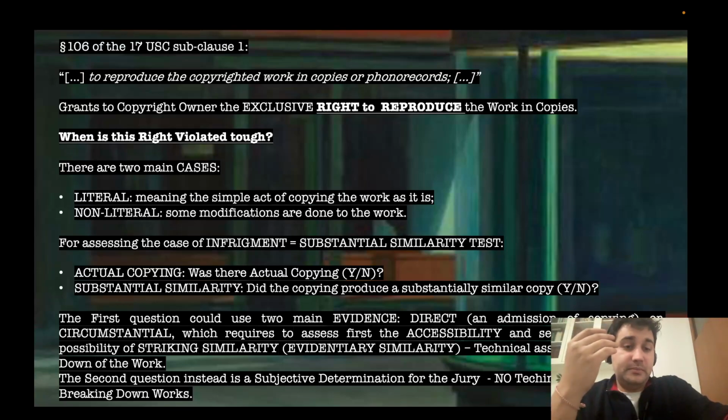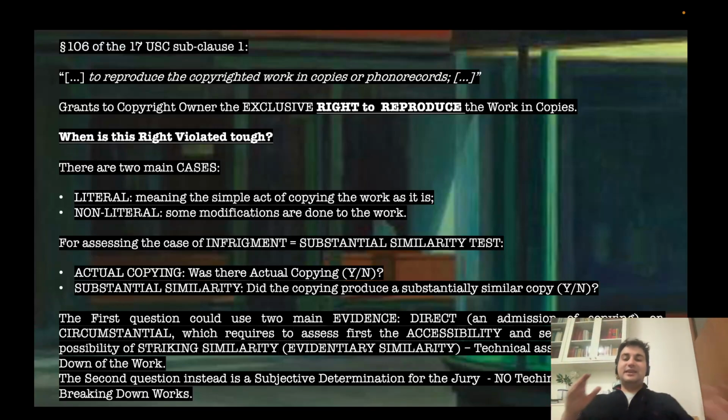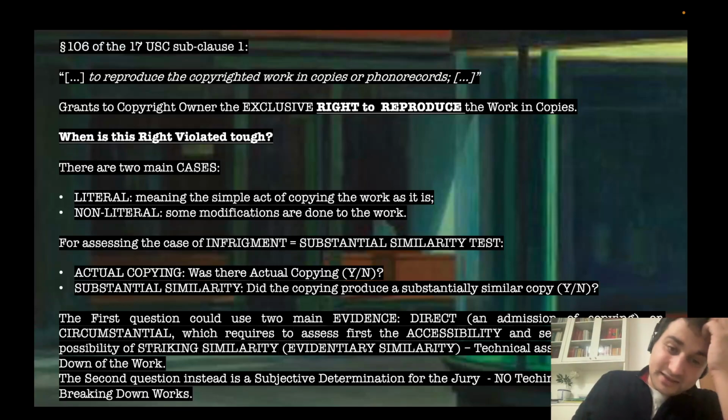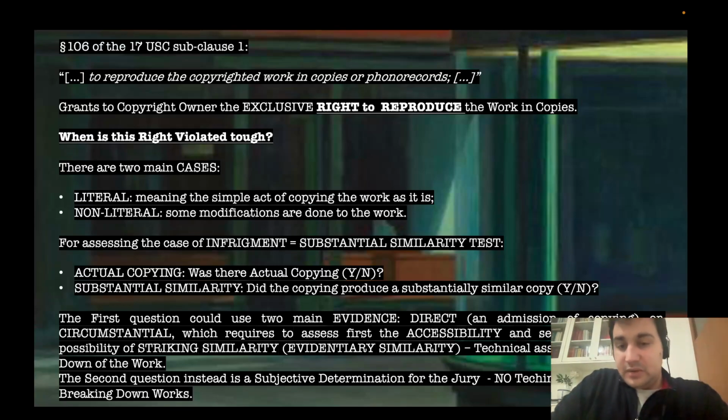So how are they going to assess if this right was violated in the US? In the case of infringement, they're going to use a substantial similarity test. This means that there are two prongs. One is, was there actual copying, yes or no? And then the substantial similarity prong, the one that actually gives the name to the test: did this copying produce a substantially similar copy?